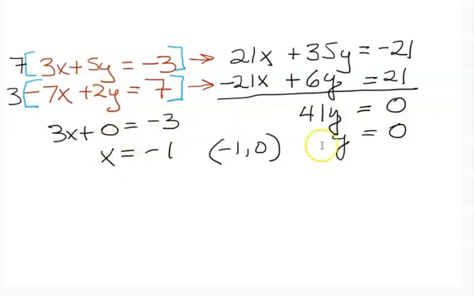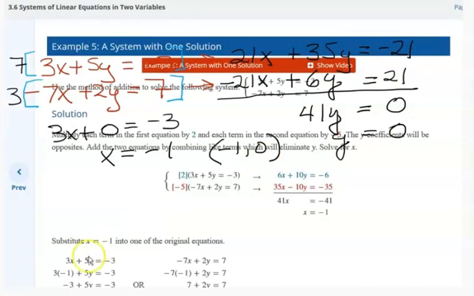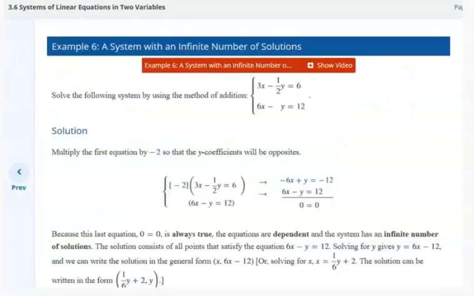Okay, let's check this out. Going back to our regular work here. In example 6 now, we're taking a look at this and seeing that here, this will be a system of infinite solutions. Now, what does that look like?